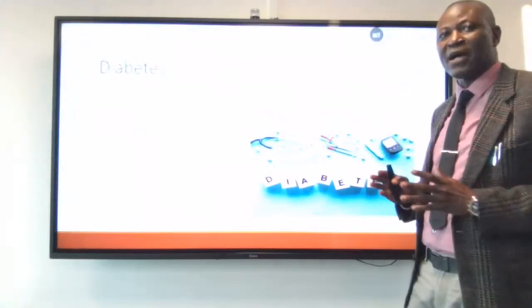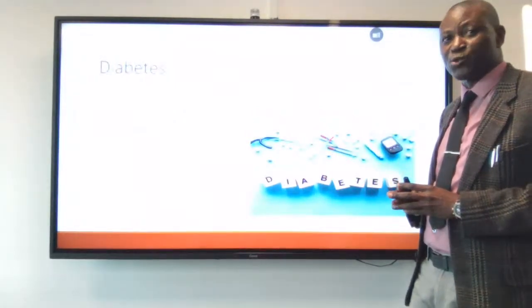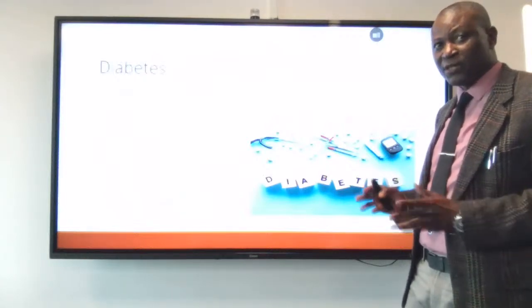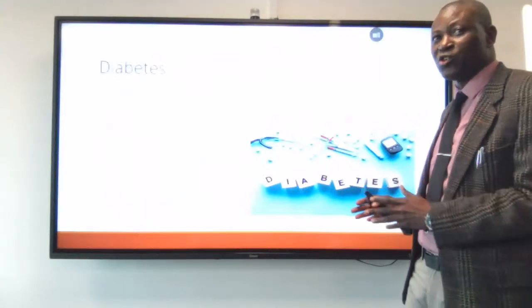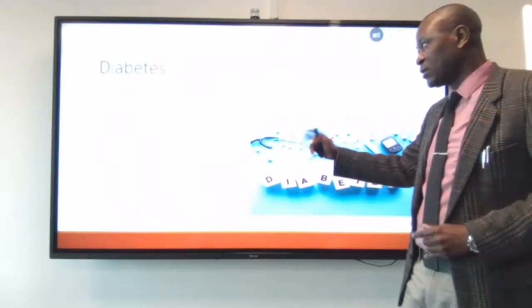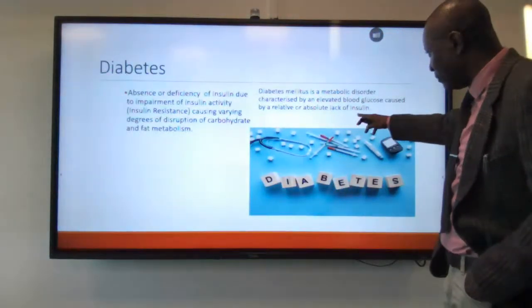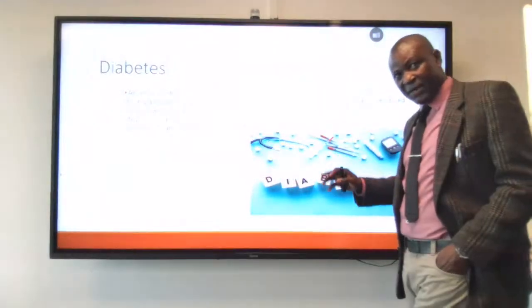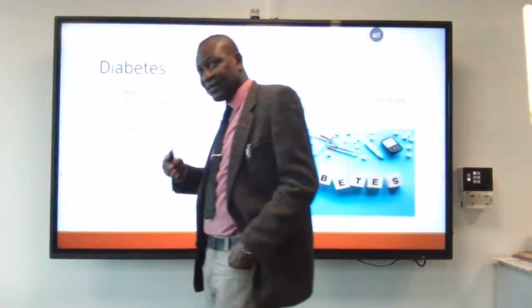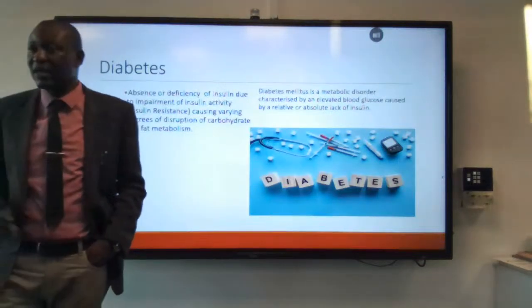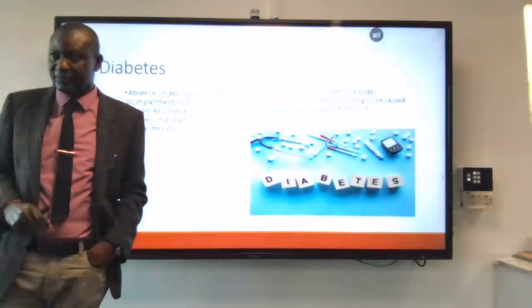Or sometimes you have some degree of insulin, but the insulin is not effective, or the body is insensitive to it, so it cannot do its job as it's supposed to, which we'll be talking about as type 2 diabetes. So in simple terms, diabetes is a metabolic disorder that is characterized by high blood glucose level when the homeostatic level is broken down.